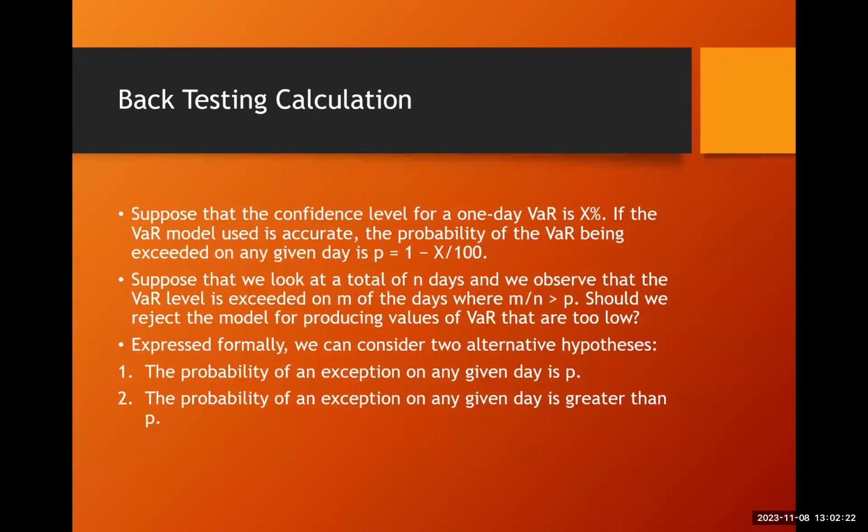Is our value at risk too high, too low, or is it at the right value? So we put this in terms of a hypothesis test by having the null hypothesis being the probability of an exception is alpha, and the alternative hypothesis is the probability of an exception is greater than alpha or less than alpha.